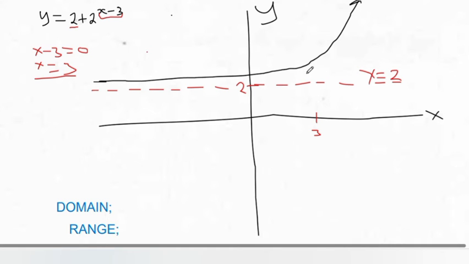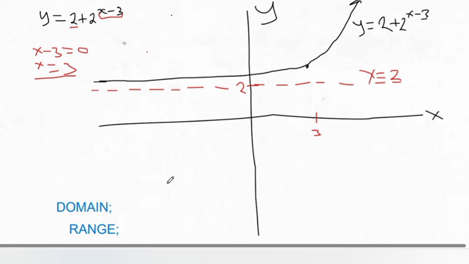So the point where it makes a corner somewhere here shows that you have moved 3 units in the x-axis, and this is y equal to 2 plus 2 to the power x minus 3. Okay, try to finish this.